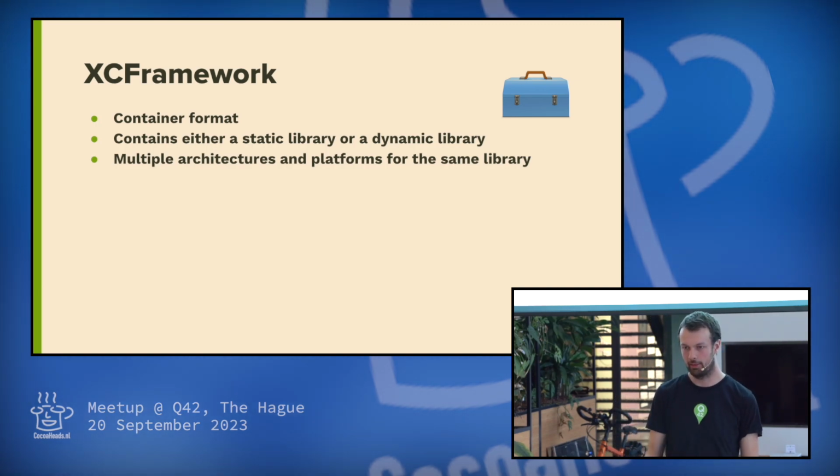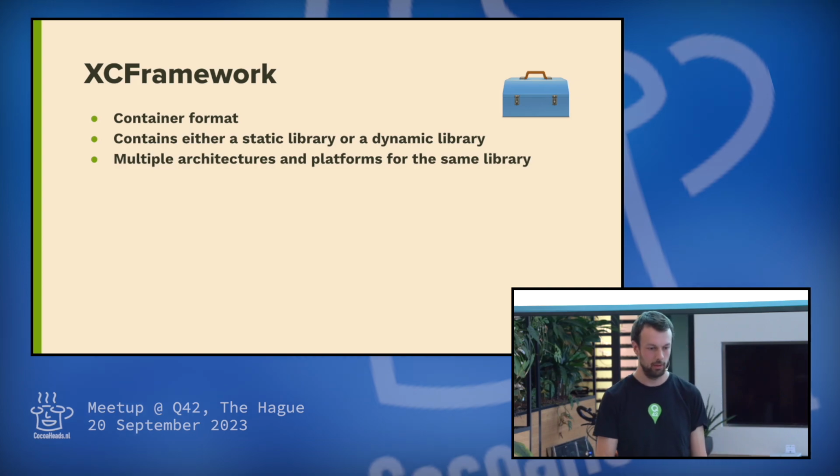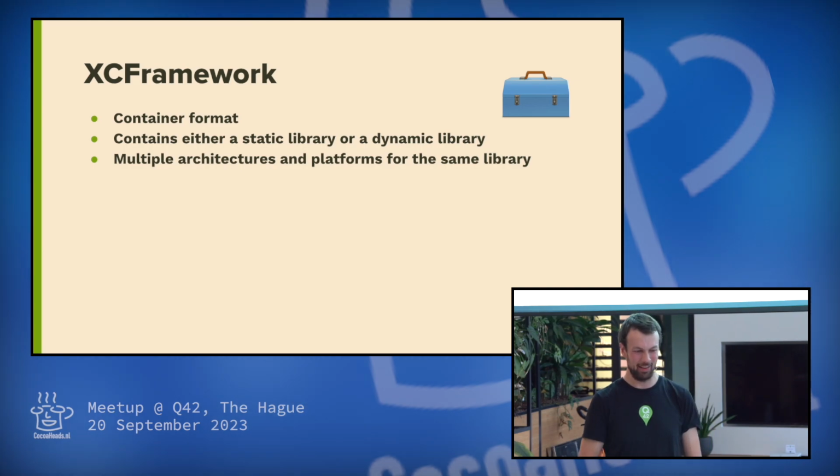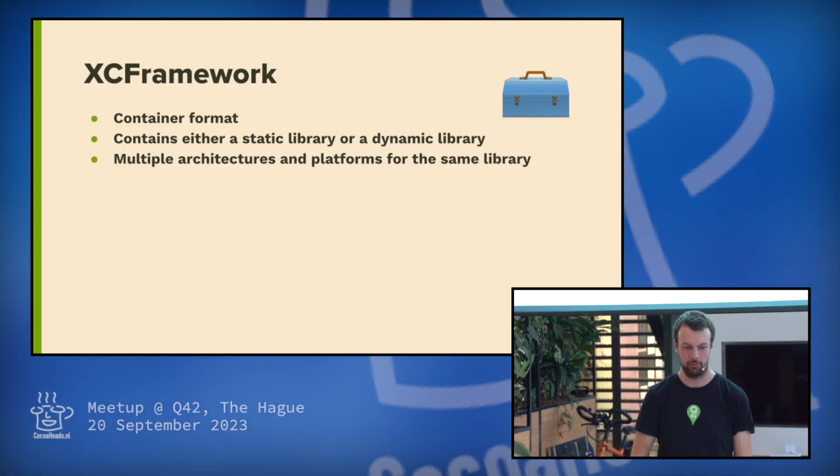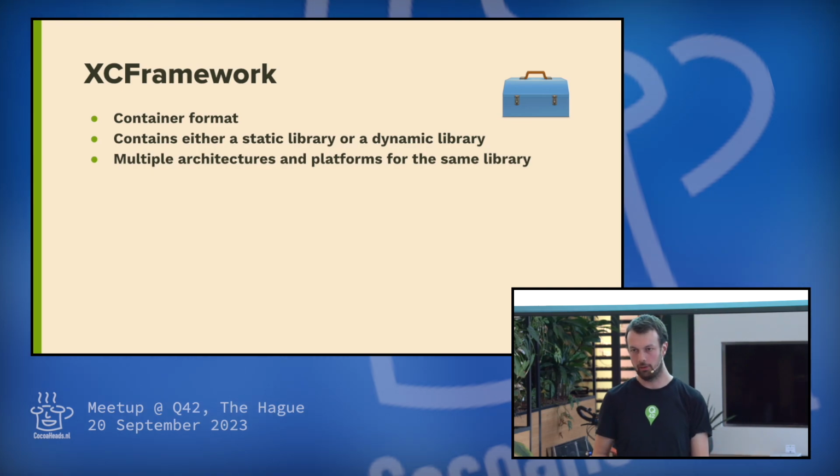In case of the Mac, we had the architecture transition to ARM, and they basically solved these problems of having lots of copies of the library for each platform and architecture by creating a container format, which is called XC framework. A single XC framework contains multiple copies of one static library or dynamic library, but for multiple architectures and platforms.